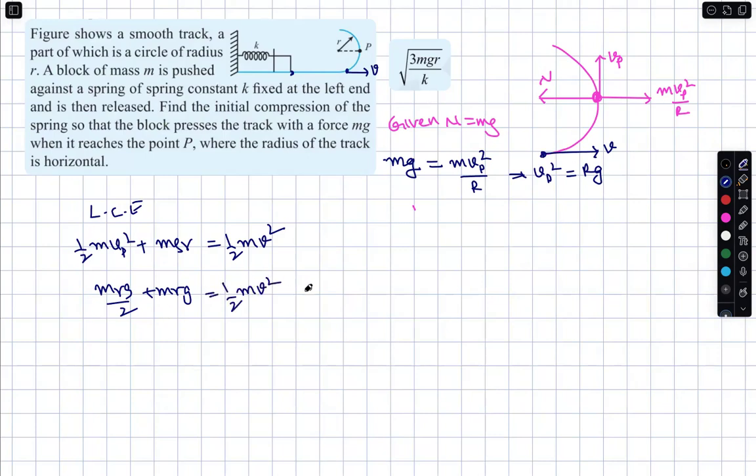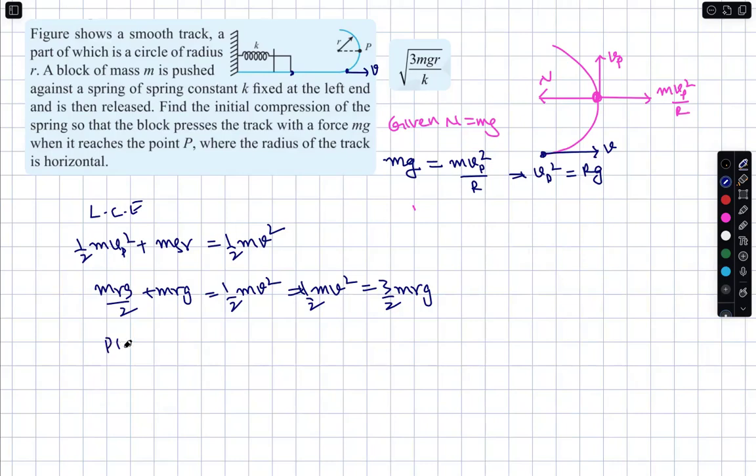Half mv square is clearly 3 by 2 mrg. Where did you get half mv square, that kinetic energy? From the potential energy of the spring.